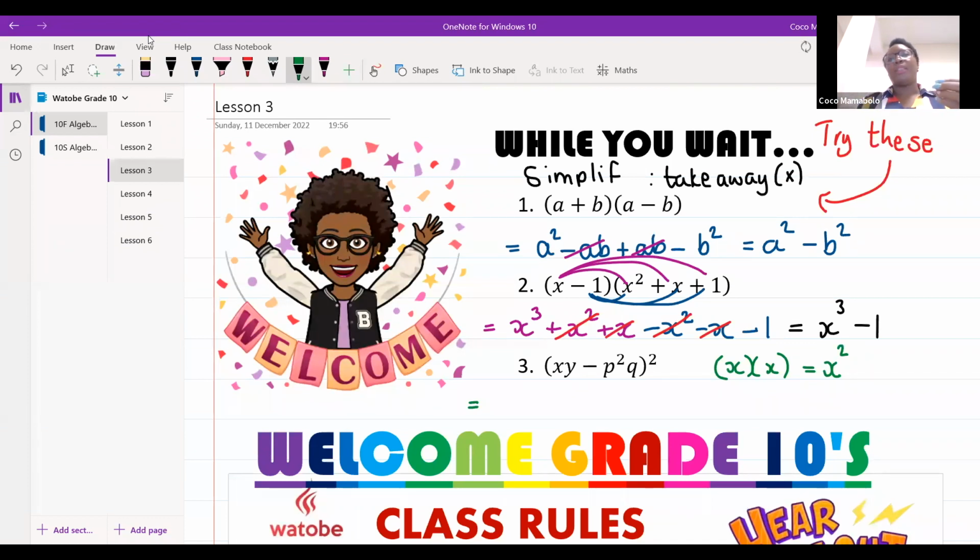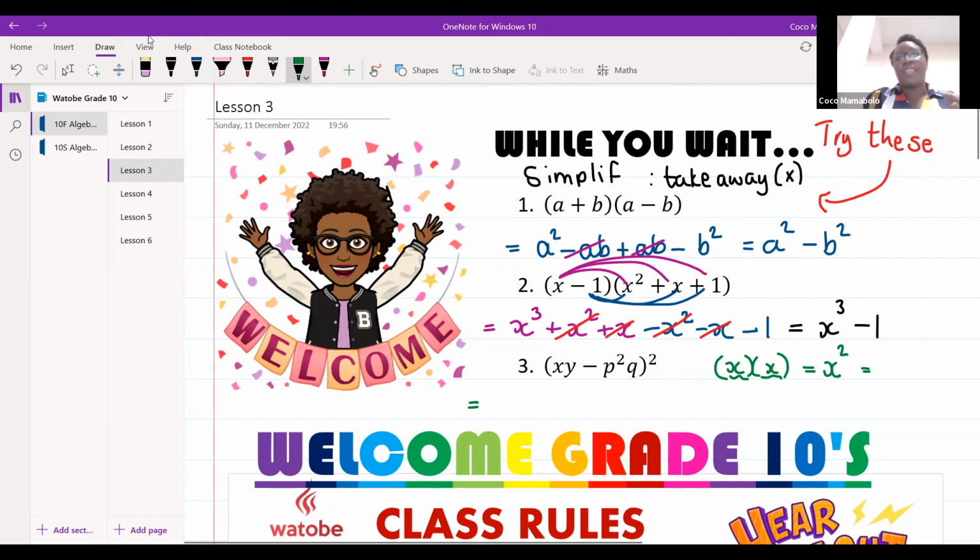It's not a trick question, it's just an easy question. We've all seen it before. x squared is the same thing as x multiplied by itself 2 times.